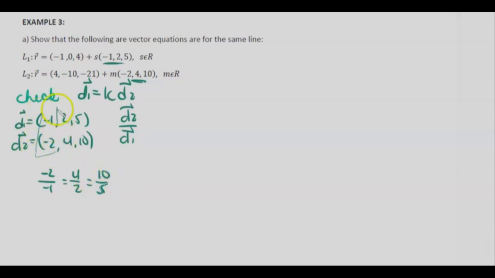We're dividing each of these components, and we get 2 equals 2 equals 2. Therefore, we can conclude that these two lines are one of two things. They're either parallel and distinct, or they're parallel and coincident. So they're either parallel in their own line or parallel in the same line.